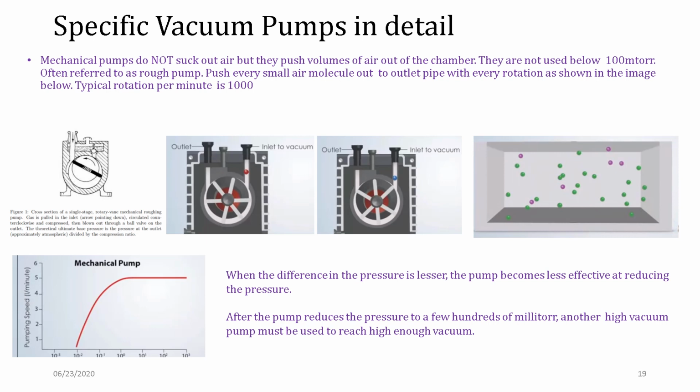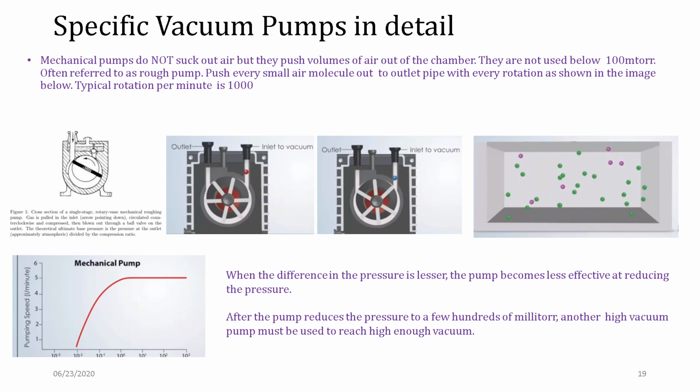Once we start using this, it takes us to a particular level of vacuum, and after that we need to switch to another pump which starts sucking air from that level, say 10 power minus 2 torr, to further 10 power minus 5 to 10 power minus 7.